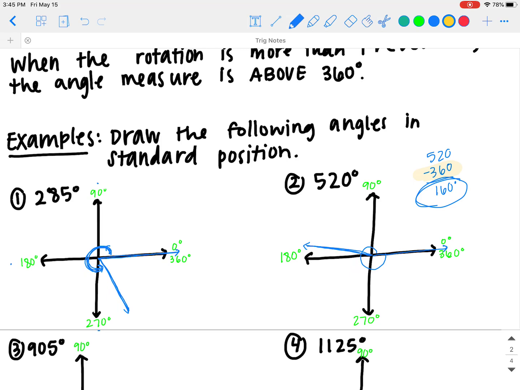Then once you have your full spin, you go 160 more degrees. So it's more of a spiral shape for your arrow. That happens if you have to go more than 360 around the grid. Every time you subtract 360, that's another spiral you have to throw in before ending your angle.